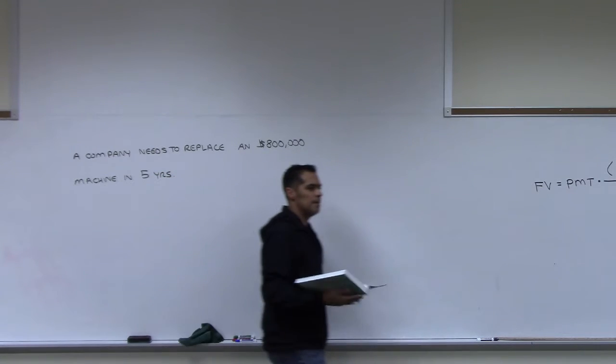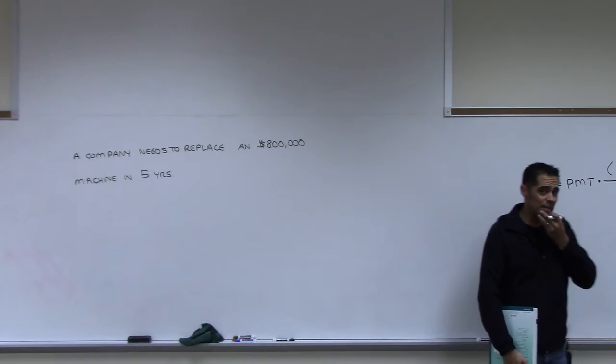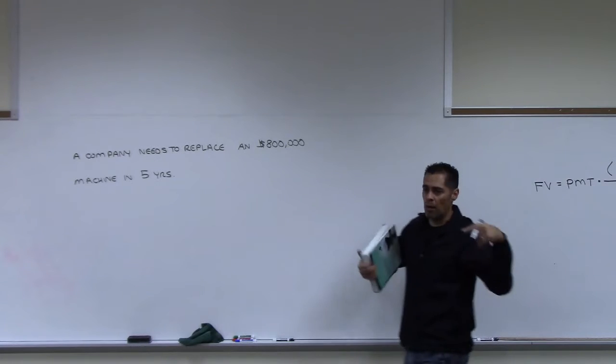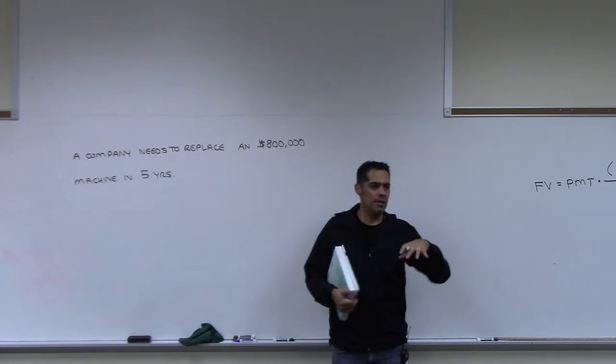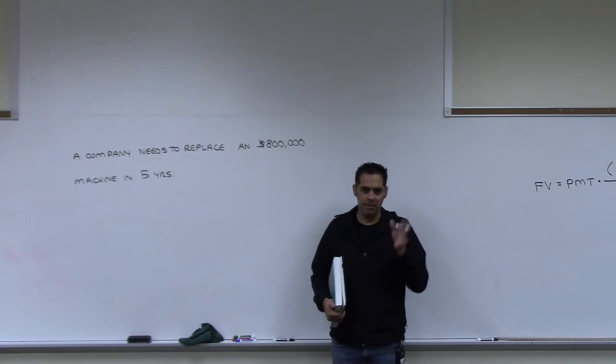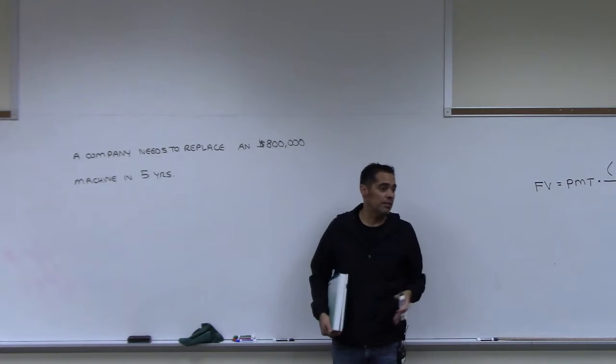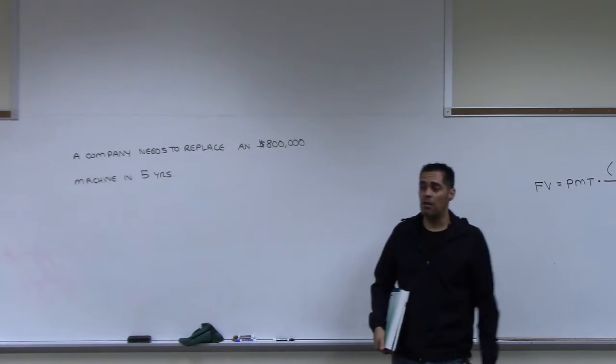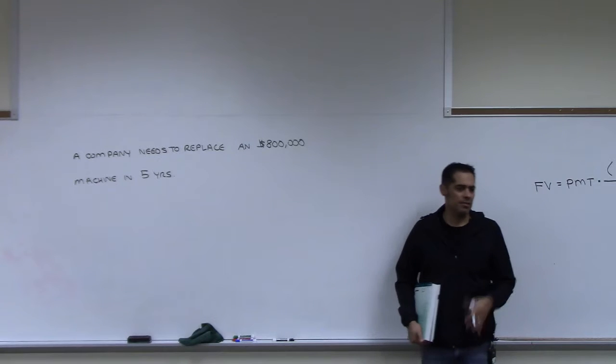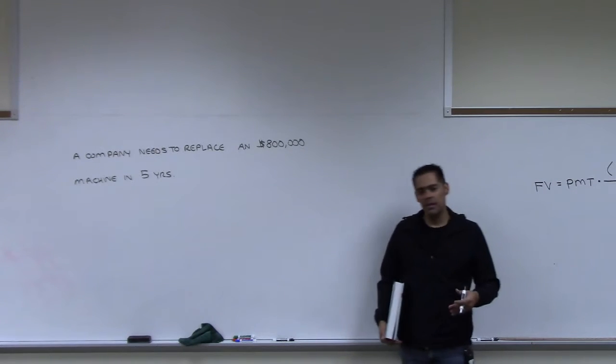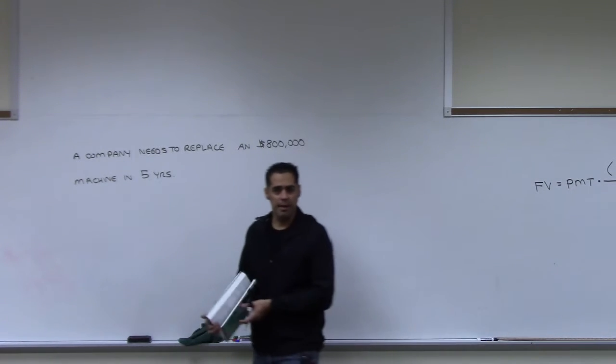Okay, so you've got this company, let's say you're building cars, right? You've got this one machine that when the cars go through, it welds all the body, like the frame of the car together, right? This really complicated welding machine, right? $800,000 piece of equipment. You're gonna have to replace it in 5 years because it wears down, and it breaks, and you eventually have to replace it completely, all right?